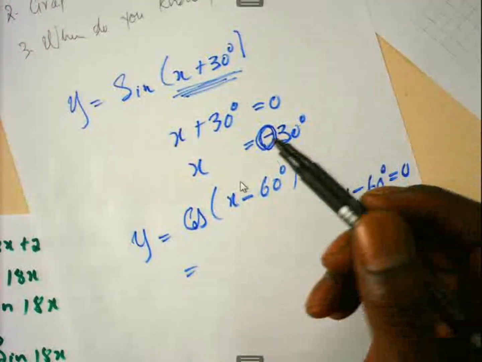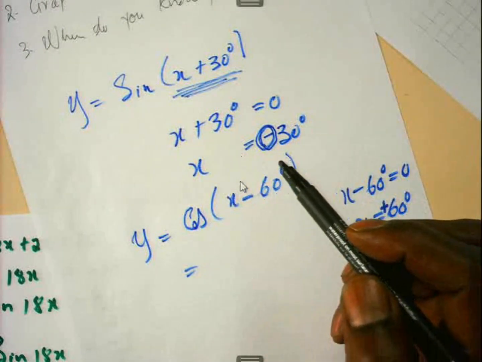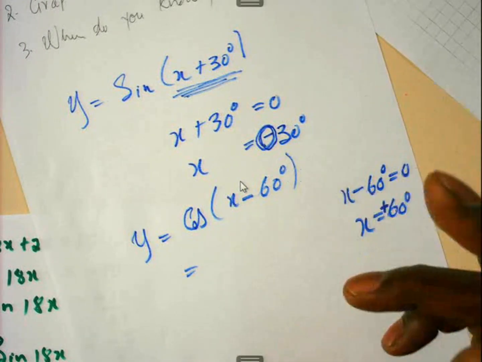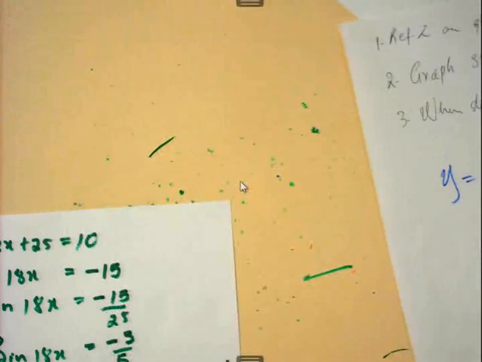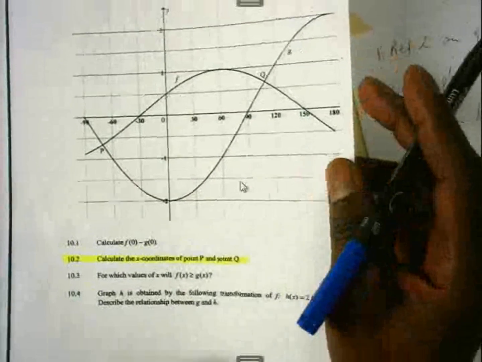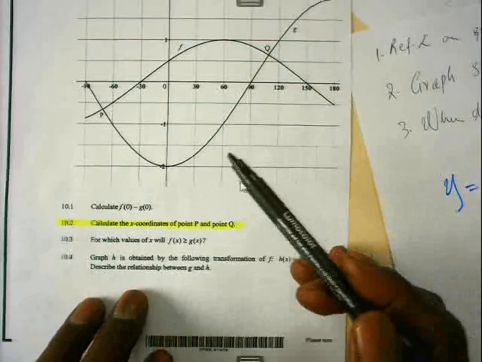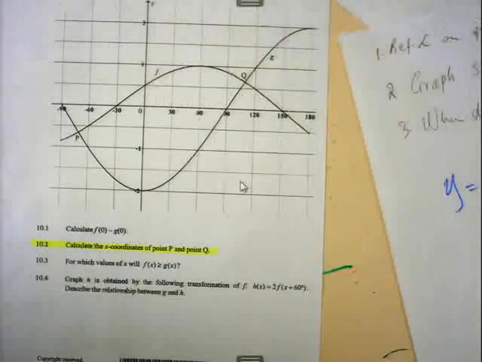Now, this question has been asked before, and I'm trying to find the question. I cannot. I'm trying to find the answer. The answer for this will be, in this case, one of the problems that we haven't done.